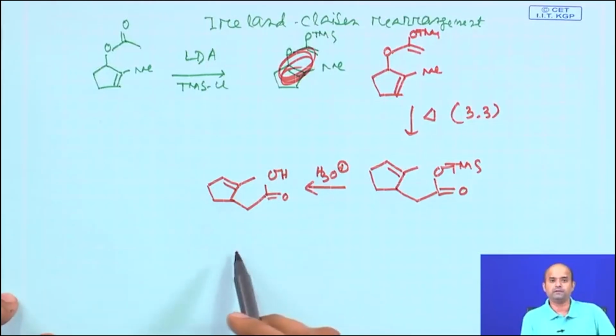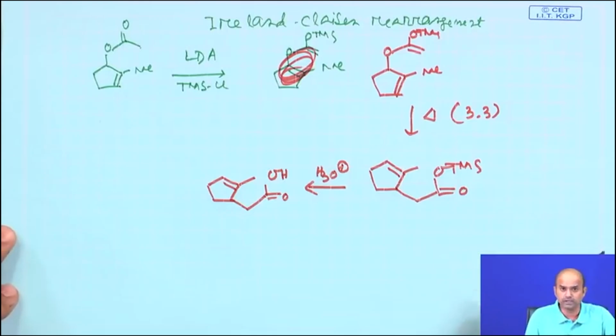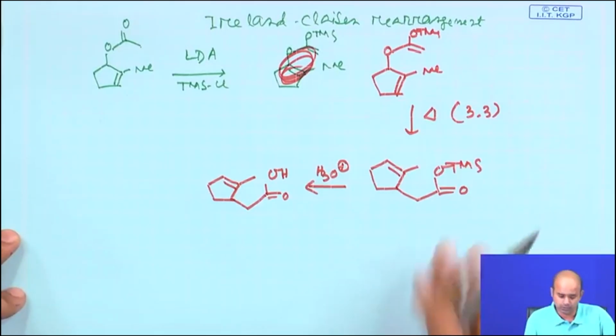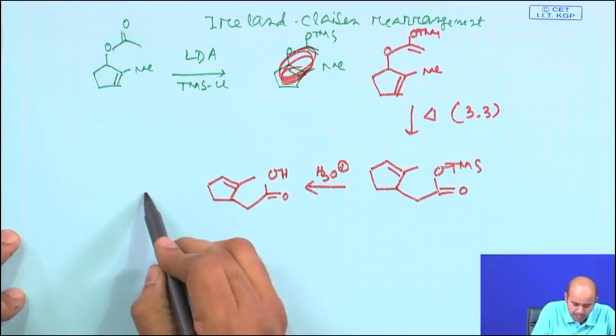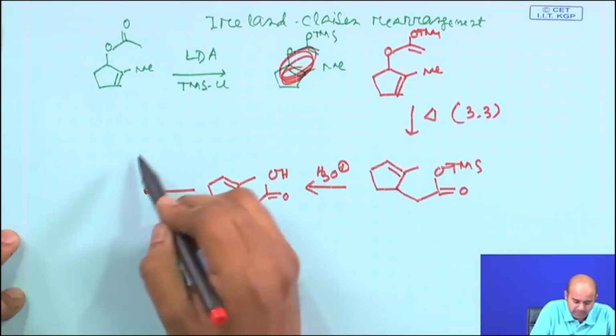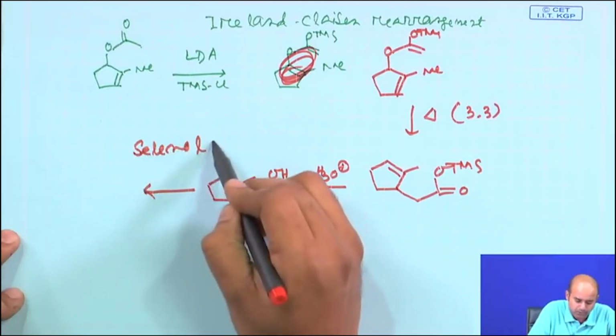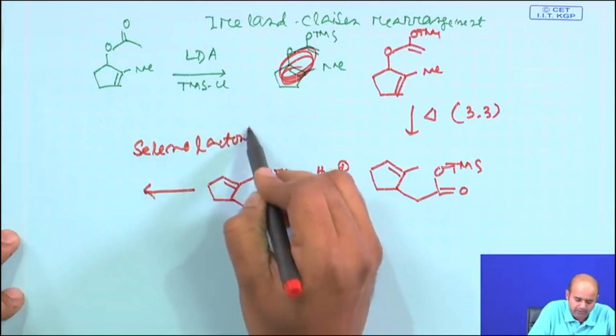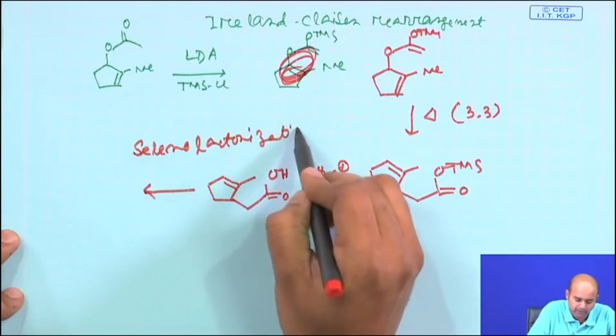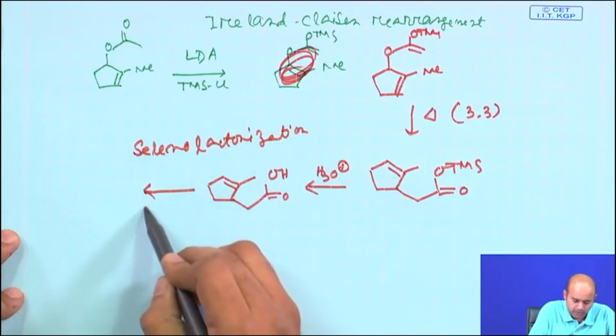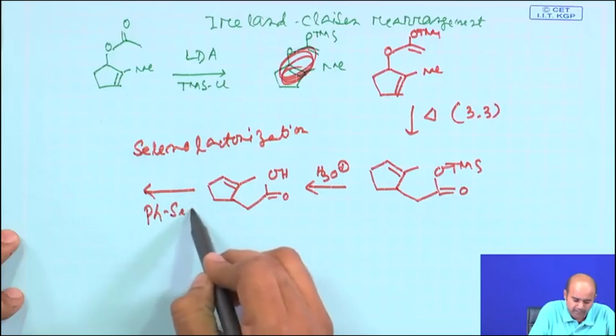The carboxylic acid you can ring close by a halolactonization. We will try to do another reaction which is named selenolactonization. What is that? We will now subject it to a compound named phenyl selenium chloride.